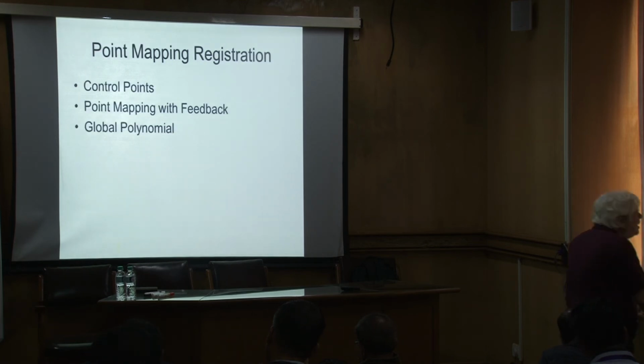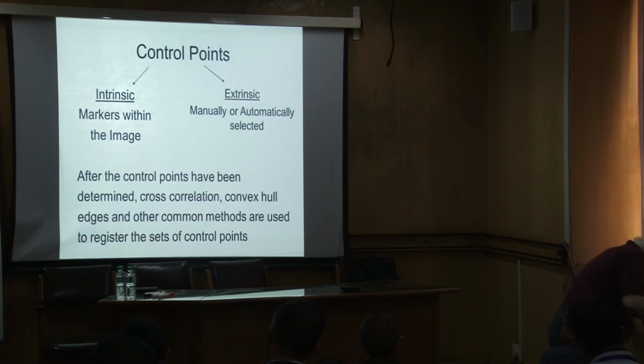So, point mapping is the other thing. You have to find control points and then you will basically use that to fit the connections between the two images.